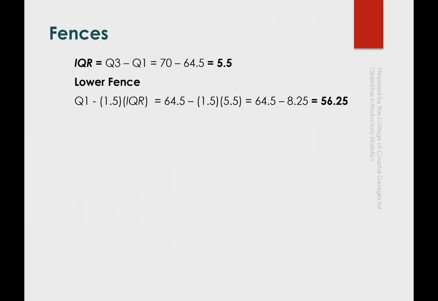We would take the first quartile, which is the 64.5, and we'd subtract off 1.5 times 5.5. And using order of operations, that would be 64.5 minus 8.25 to give us 56.25. So any values in our data set below that would be an outlier, which, if I recall, I don't think we had any, but we could double check that.